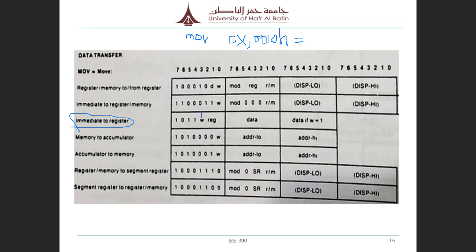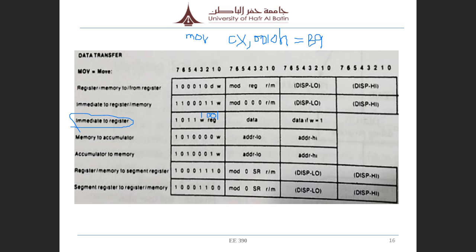W is 1 here, and the register field for CX, let me also verify, yes, you are right, is 001. So the first byte becomes 1011, it is B, and then 1001, it is 9. B9 is the first byte.